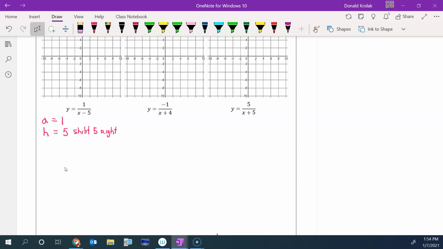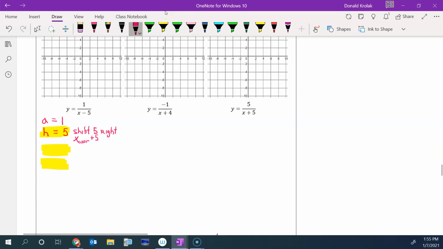Now, the way that you shift 5 right is you take the x coordinates of all the points and you add 5 to them. Nothing happens to the y coordinates. All right, so once I have this, then I automatically know my vertical asymptote and my domain.